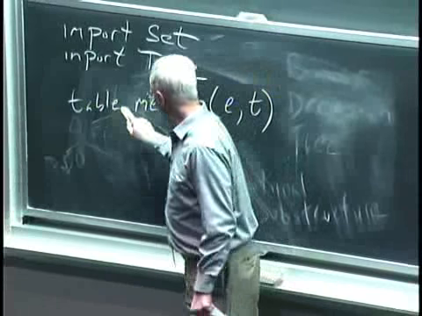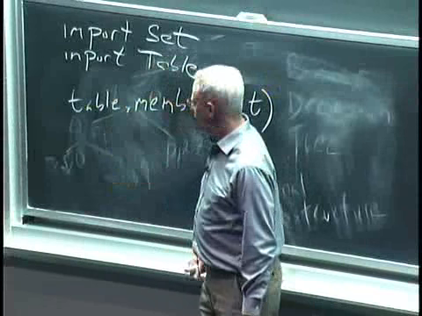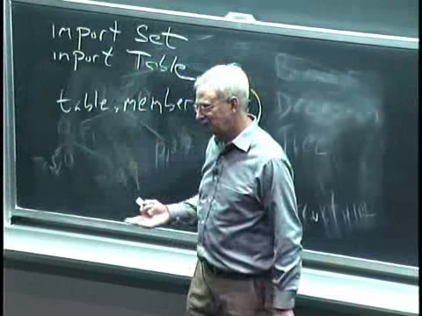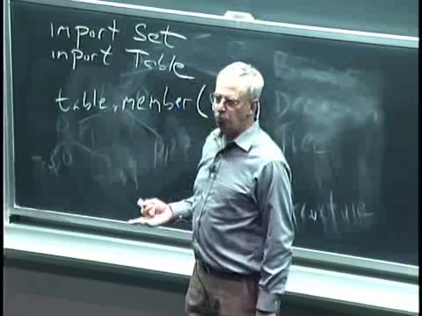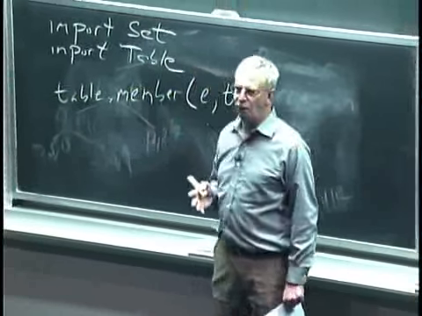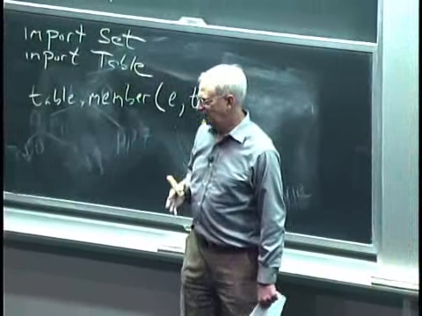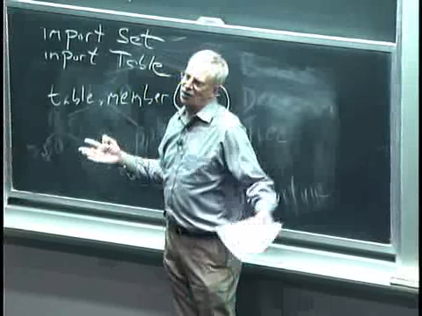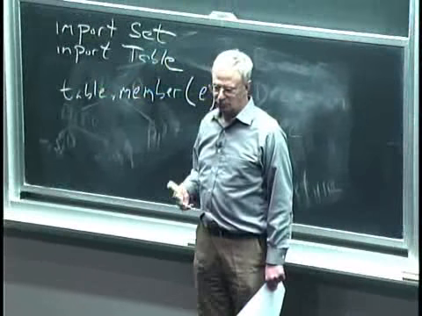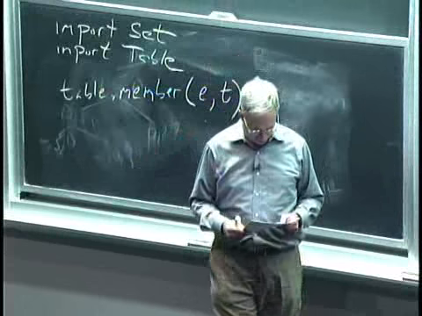And the dot notation was used to disambiguate. So I want the member operation from table, not the member one from set. This was important because the people who implemented table and set might never have met each other. And so they can hardly have been expected not to have used the same names somewhere by accident. Hence the use of the dot notation.